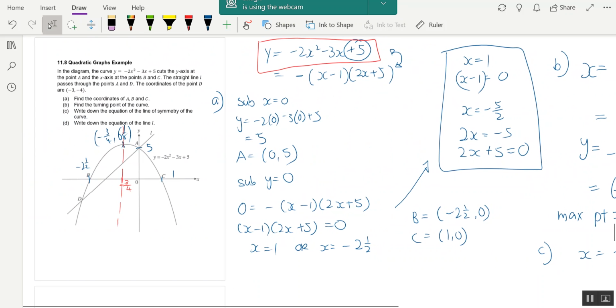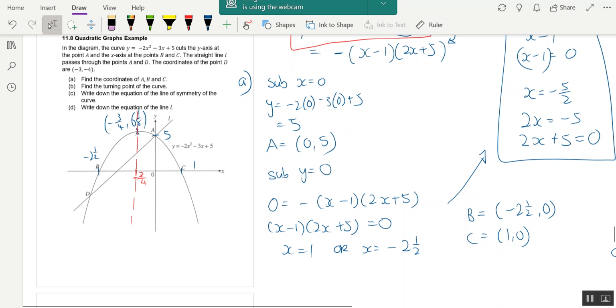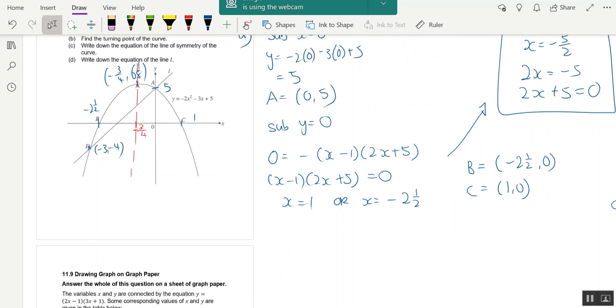And the last one, which is the hardest, they want the equation of the line L. Okay, the coordinates of D are (negative 3, negative 4). Okay. L is a straight line. A straight line has the form of the equation y equals to mx plus c.